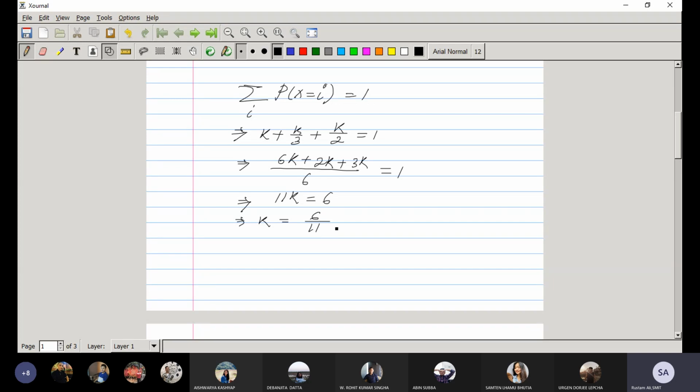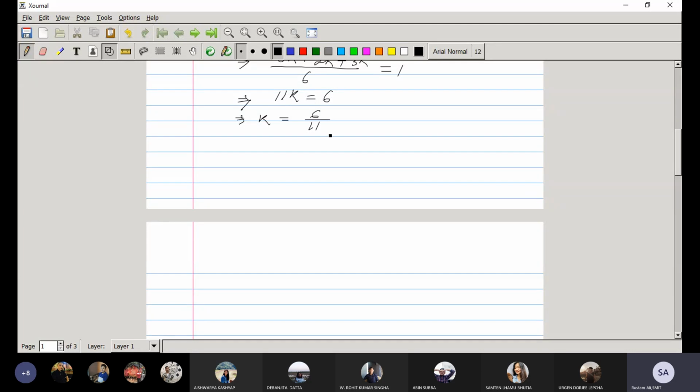After getting the value of the constant k, let us write the probability distribution of X. Therefore the probability distribution of X will be: x equal to i, probability X equal to i, where xi is taking the values 1, 2 and 4.